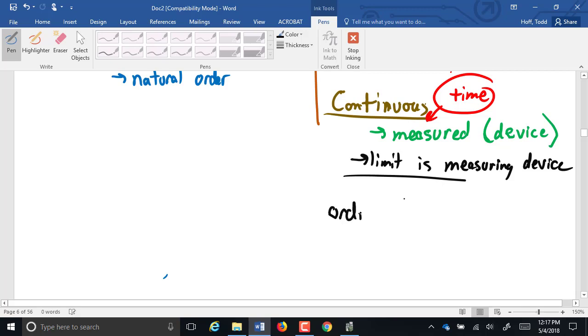Now within those, there are levels of measurement. There is also ordinal. The biggest thing about ordinal is that from one to the next, the difference does not matter.